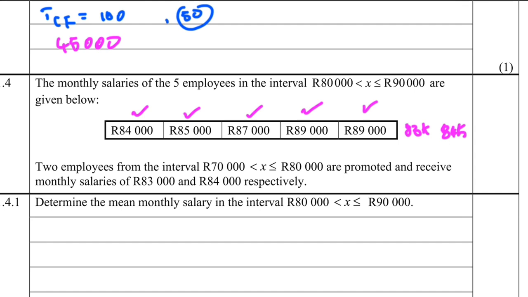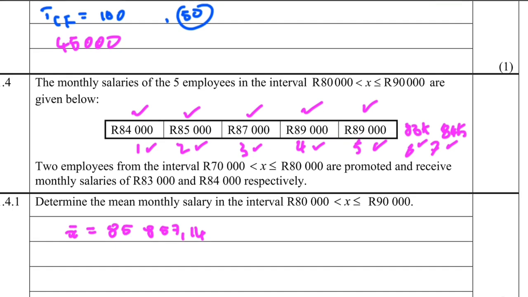So we have 1, 2, 3, 4, 5, 6, 7 people there. So when we divide that by 7, the mean here that I'm getting is 85,857.14. The marker location is 1, so I don't think it's even necessary to show the work in here.